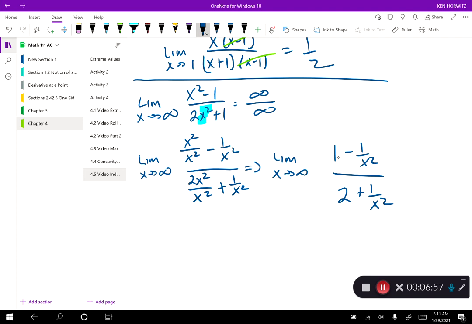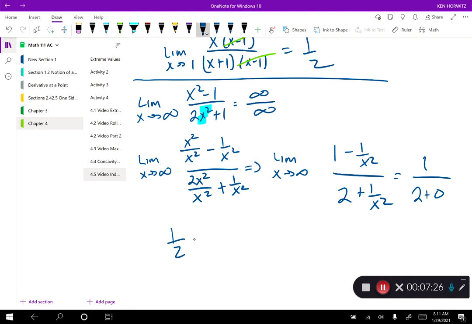It's just a 1. Plugging in infinity to x squared gives it 0. So we just get a 1 on top. Plugging in infinity to 2 just makes it a 2. Plugging in infinity to x squared gets a 0, so it's plus 0. So our answer again is going to be 1/2. Just a coincidence that both of those equaled 1/2.